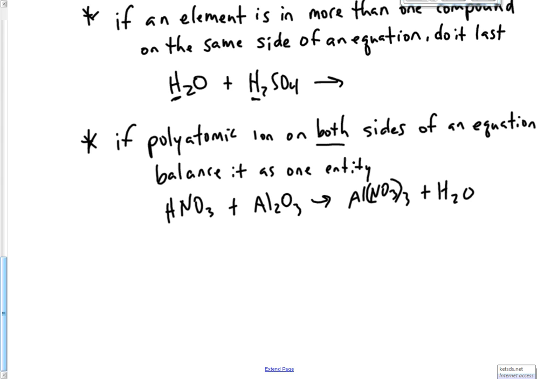I don't really know what it makes, but it doesn't matter, okay? You have nitrate on the left, you have nitrate on the right.